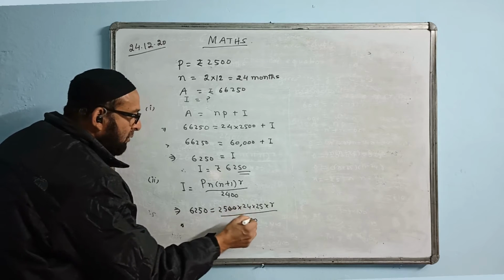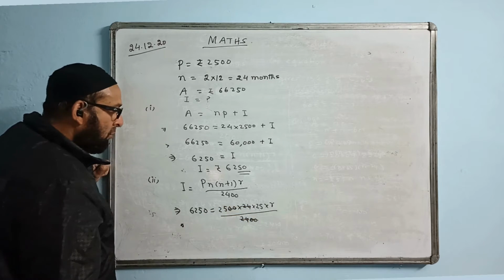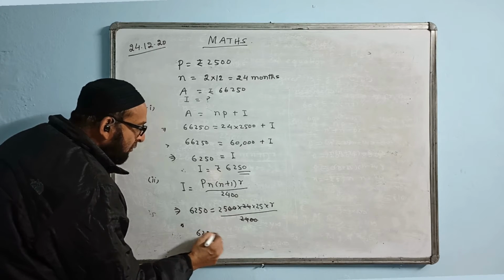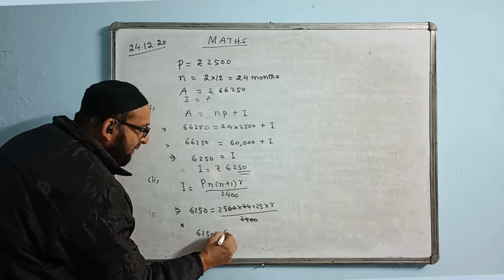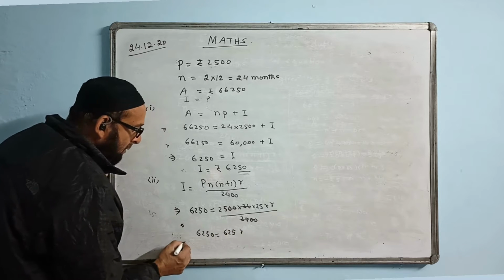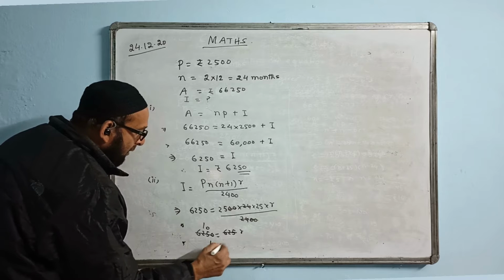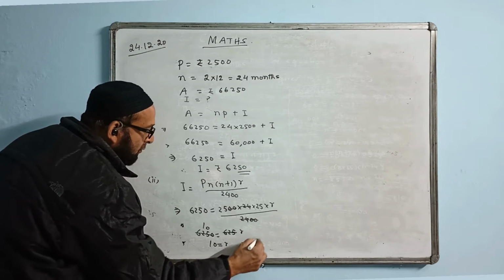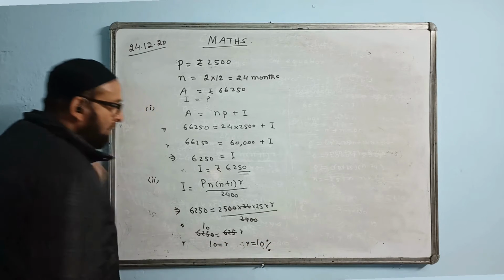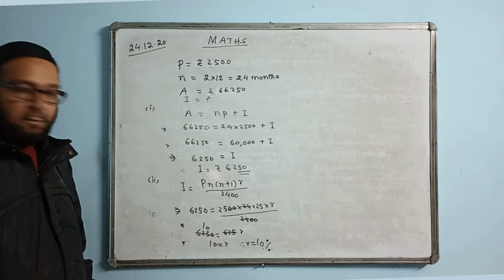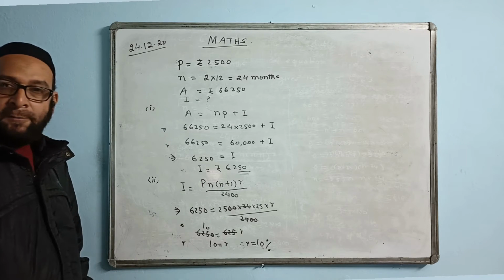Let us cancel the zeros. 24 will go. 6250. 25 into 25 will give us 625R. 625 cancels, so 10 is equal to R. Therefore, R is equal to 10%. Rate is coming 10%. That is the answer.